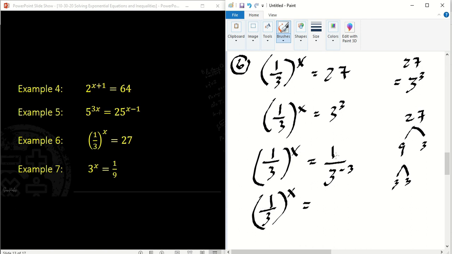So, pwede kong i-write ito, yung aking right side, na 1 over 3 to the negative 3. Sir, hindi po ba yung 3 lang ang naka-raise sa negative 3? O, ganito yon. Kahit i-raise mo yung 1, kahit anong exponent ng 1, equivalent sa 1 pa rin yan. Kaya pwede. Okay? So, magkamukha ng 1/3. So, ang final answer natin, x is equal to negative 3.